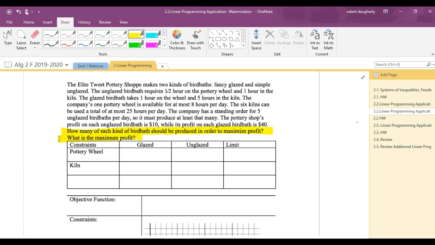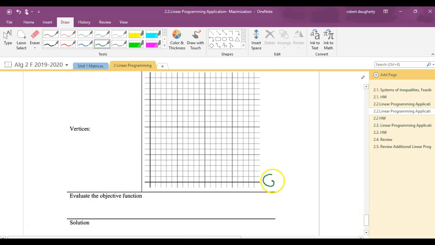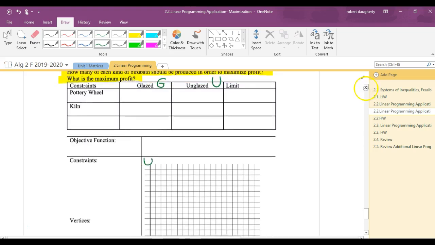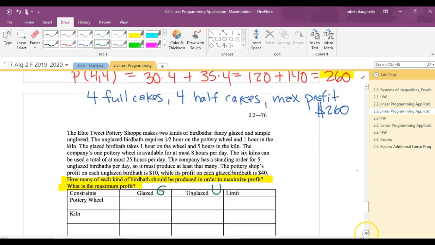So what I'm going to do here, I'm going to let G be the number of glazed bird baths and U be the number of unglazed. The minute I do that, this is my G axis and this is my U axis up here. Next, I need an objective function. What is my objective here? I'm trying to do what?